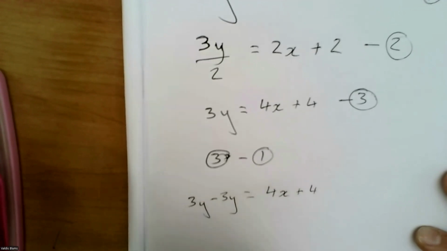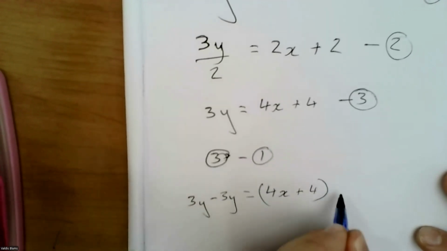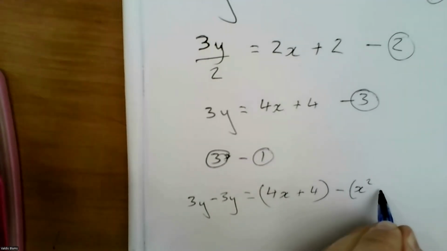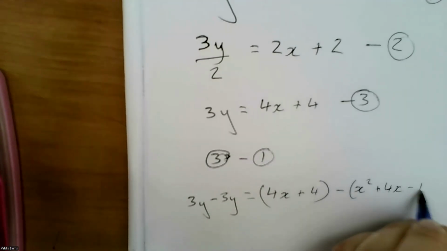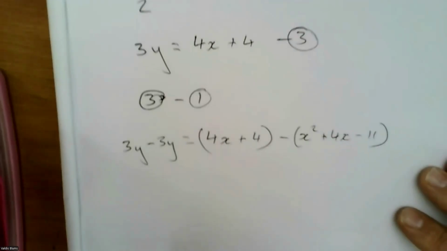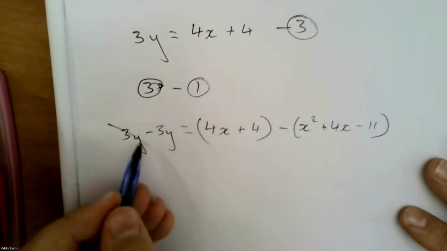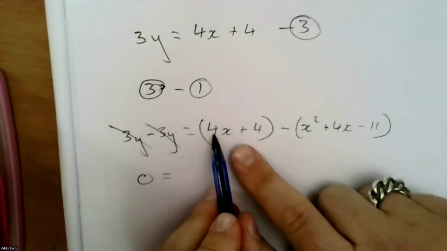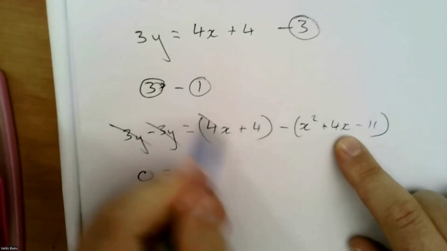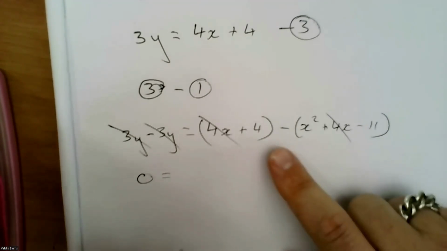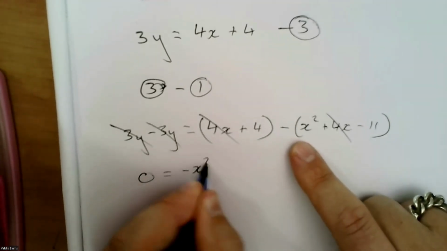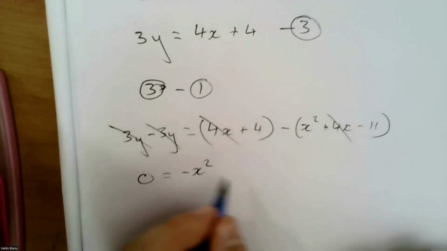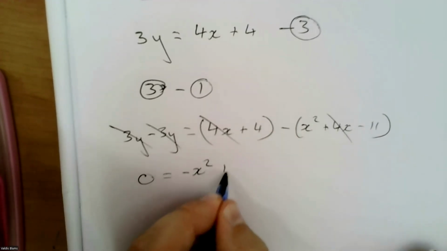4x plus 4 minus x squared plus 4x minus 11. So simplifying this, my 3y's cancel out. I've got 0 is equal to 4x minus 4x. So my 4x's actually cancel out as well. Then I've got a negative x squared, and 4 minus 11 gives me positive 15.